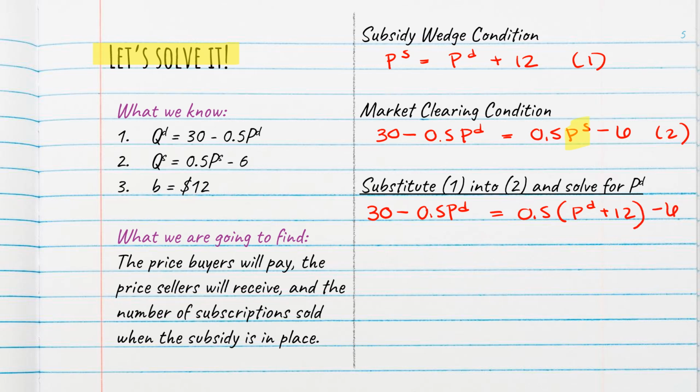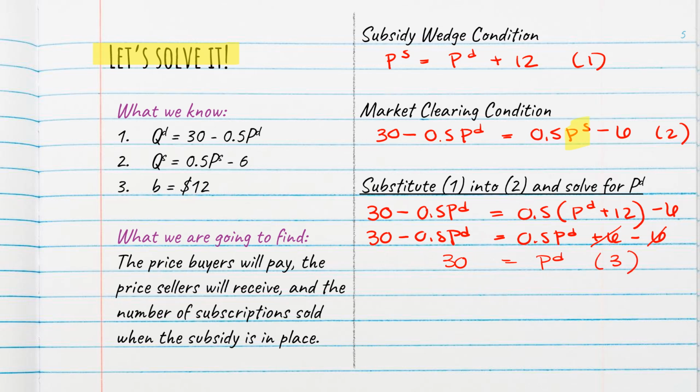And then we do some simplification. 30 minus 0.5 PD is equal to 0.5 PD plus 6 minus 6. Obviously, these are canceling. If we collect our P's together on the right-hand side of the equation, we get 30 is equal to PD. And we can call that equation 3.